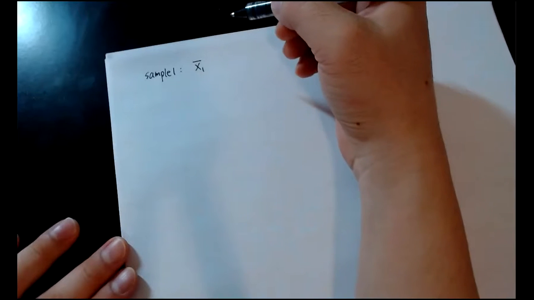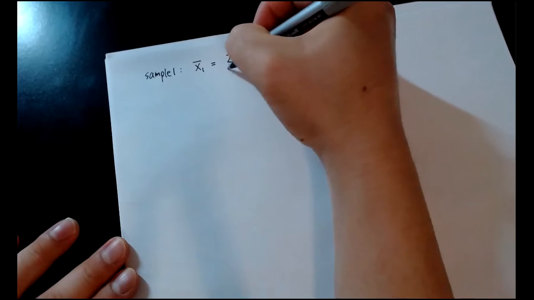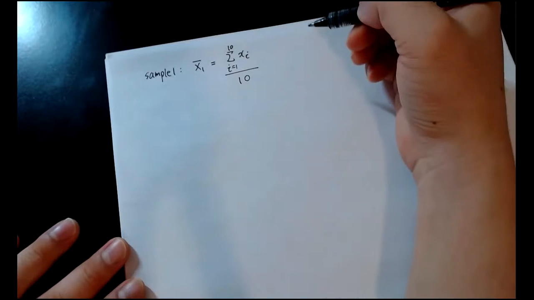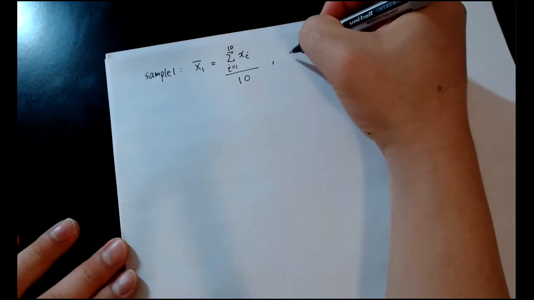So now think about sample one, x1 bar. x1 bar is going to be the sum of xi, i goes from 1 through 10, divided by 10, right? So we can find x1 bar and the sigma.